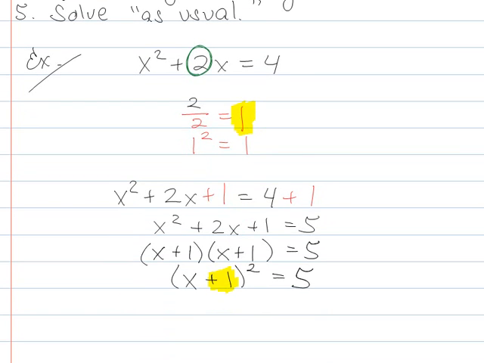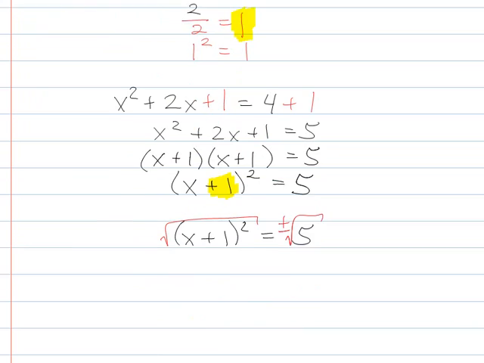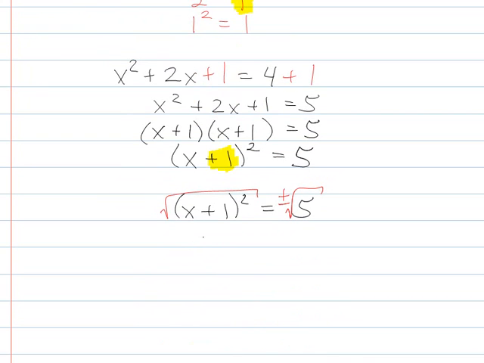Okay. Now solve as usual is the last step, which means I'm going to take the square root of both sides, put the plus or minus out front, get x plus 1 is equal to plus or minus the square root of 5. So I have 2 solutions.